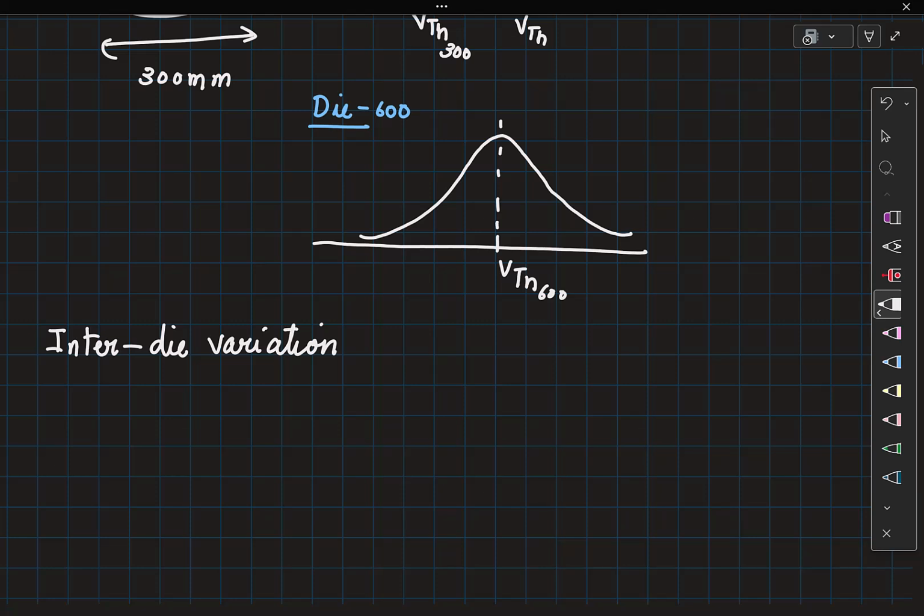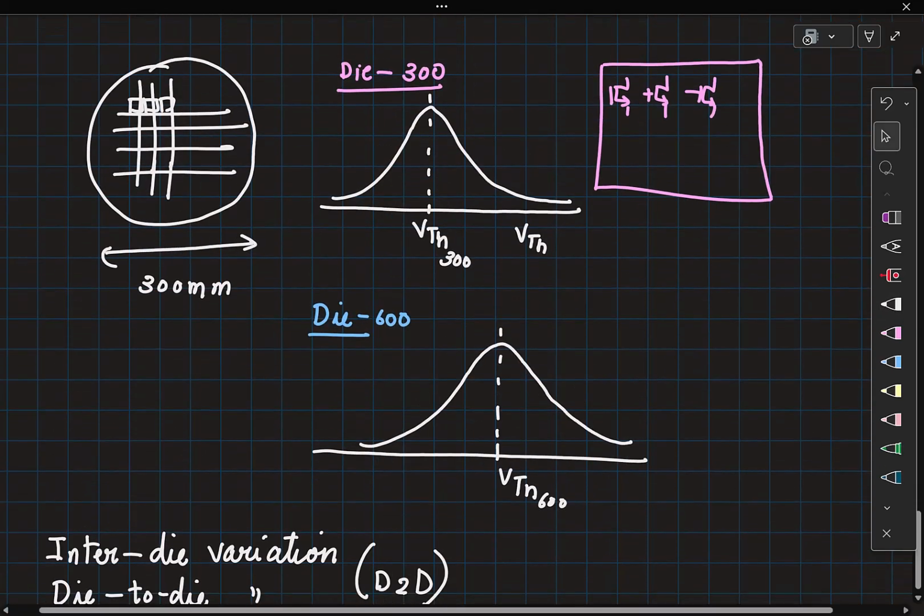This is also called die-to-die variation, abbreviated as D2D. Now similarly, on the same die, on the same IC, when I look at the different NMOS transistors, you see that they also don't have the same VTH. There is a variation in properties there as well.